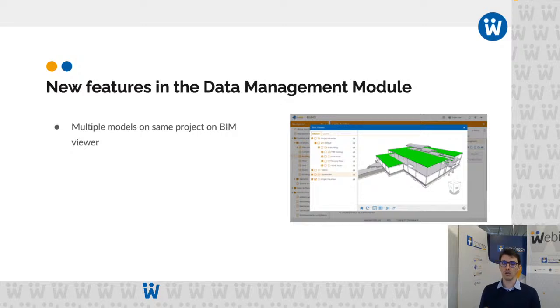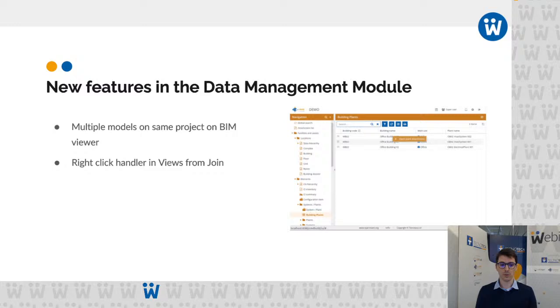But now, from this version, it is possible to have multiple projects, multiple models. For example, you can have a model for the building, and then a model for the electrical plan, or another model for the structural elements, and so on.